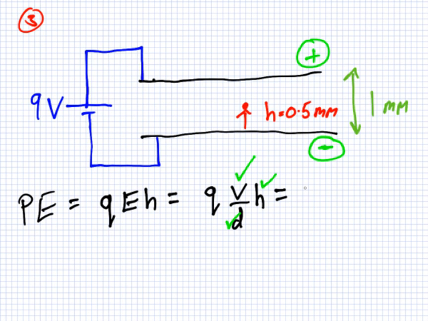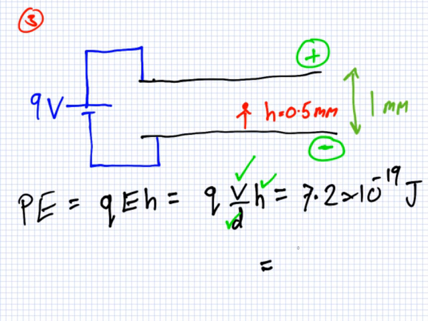We're cool. Okay, so what did I say the charge of a proton was? Times 4.5. 7.2 times 10 to the minus 19 joules. I didn't ask you to do this in the question, but what is the answer in electron volts?